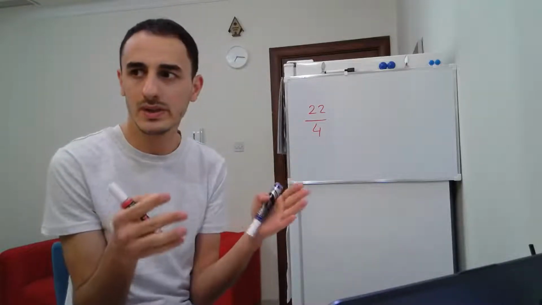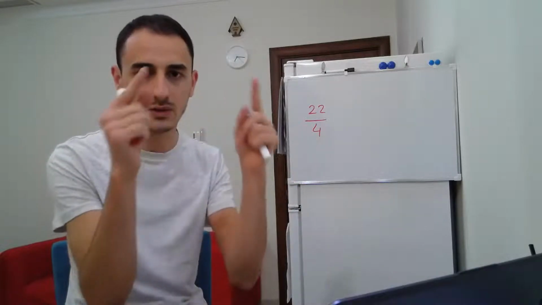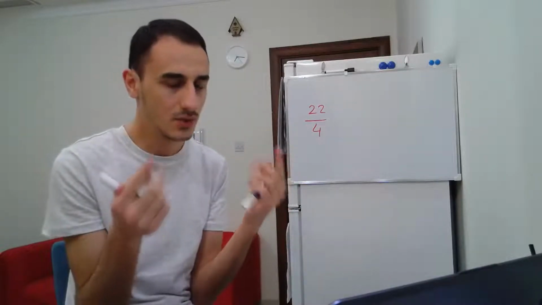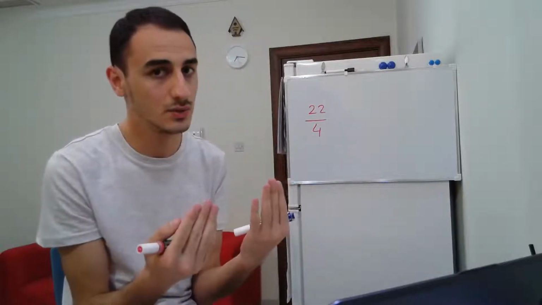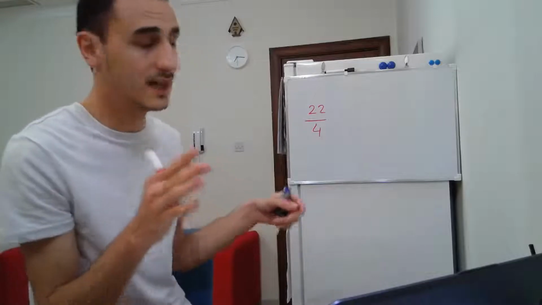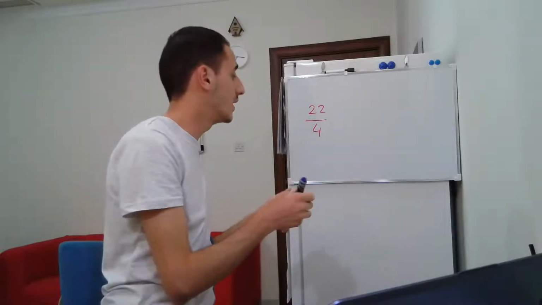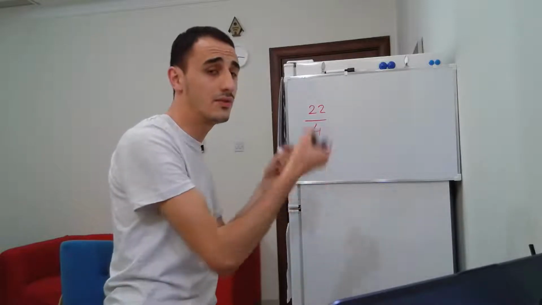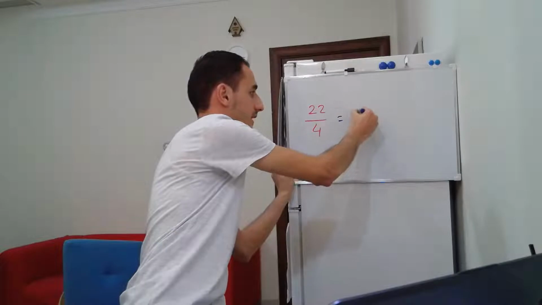But I don't want you to do the long division. You can do it mentally. You can ask how many 4s I can fit into 22. It is 5. You can't fit more than 5 times 4 into 22. So you can fit only 5 times 4 into 22.